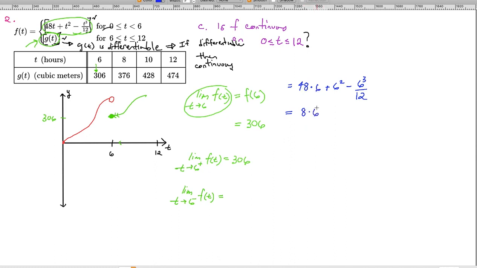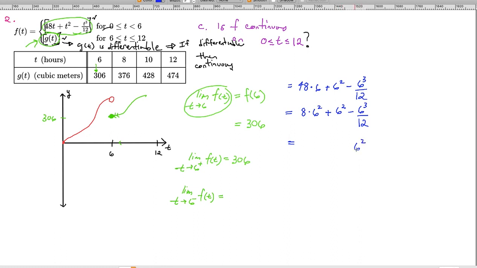That's 48, and then times 6 again is 6 squared, plus 6 squared. I don't know if this is going to make it easier or harder. Divided by, well, here this will make it a little bit easier actually. This is another 6 squared.